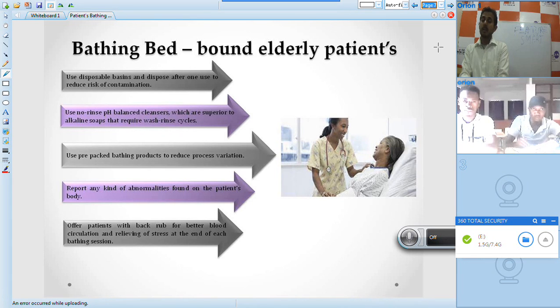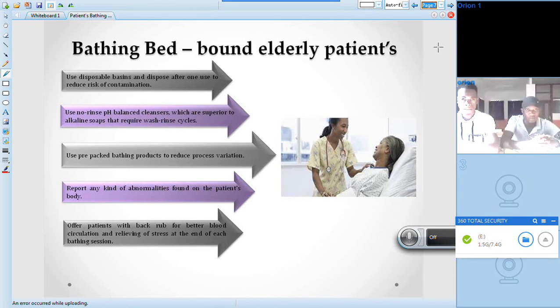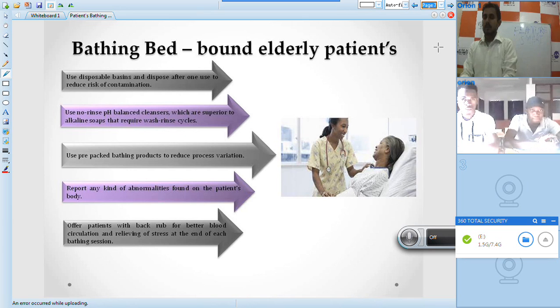The soap or lotion used for elderly patients must be a pH balanced cleanser, so that you do not need to wash with a heavy amount of water.